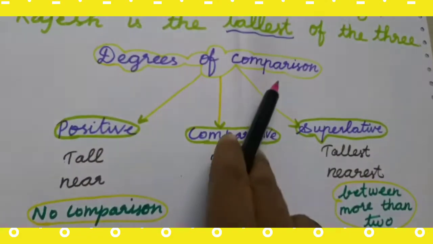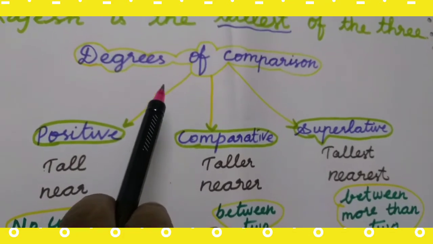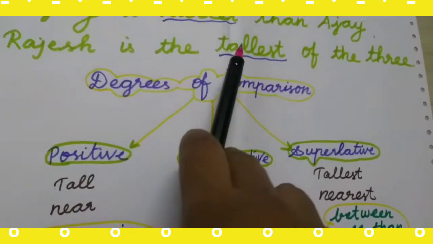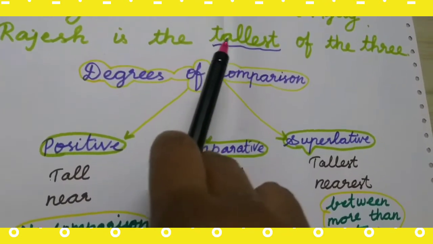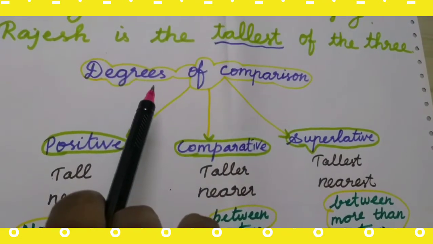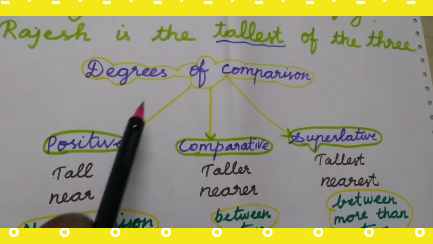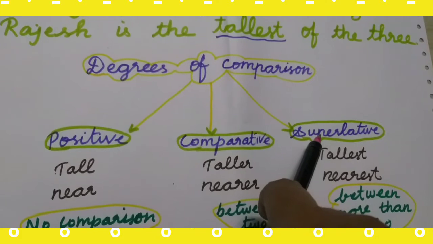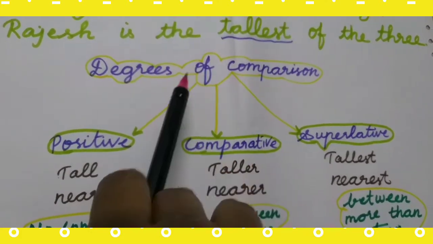And degrees of comparison: only adjectives of quality can have degrees of comparison. So that is positive, comparative, superlative, three degrees of comparison.